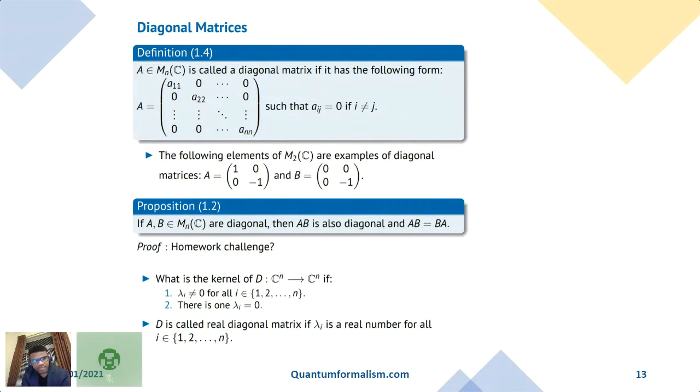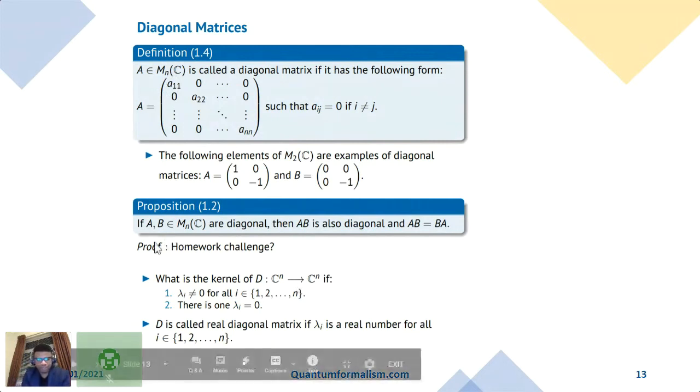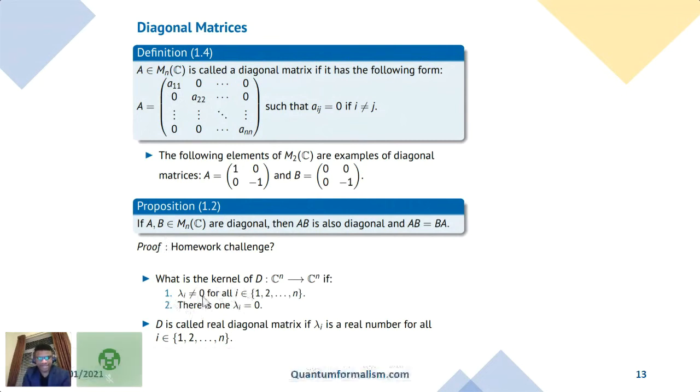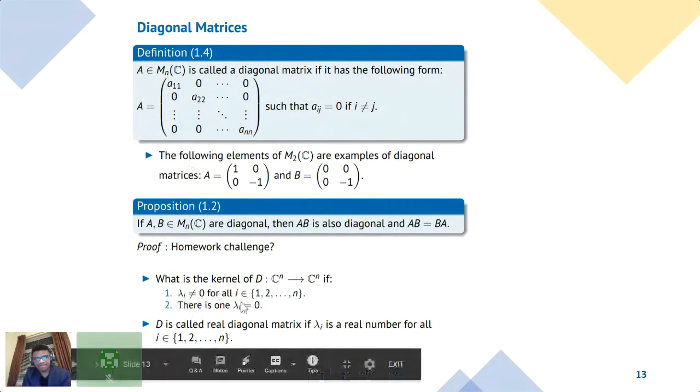So, is there any confusion somewhere in my notation? Lambda is the element of the diagonal. Yeah, there is a confusion on the notation. Apologies for that. Lambda is an element of the diagonal.